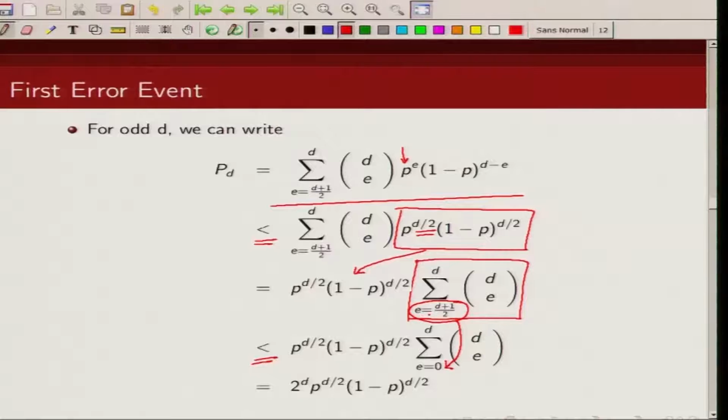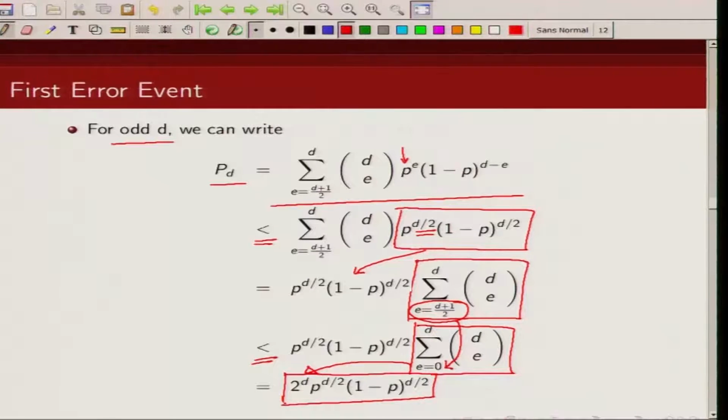So, instead of e equal to (d+1)/2, I am adding more terms, starting from e equal to 0. That is why this upper bound came, and this is nothing but 2 raised to the power d. So, for odd d, I can write this first event error probability as upper bounded by this quantity.